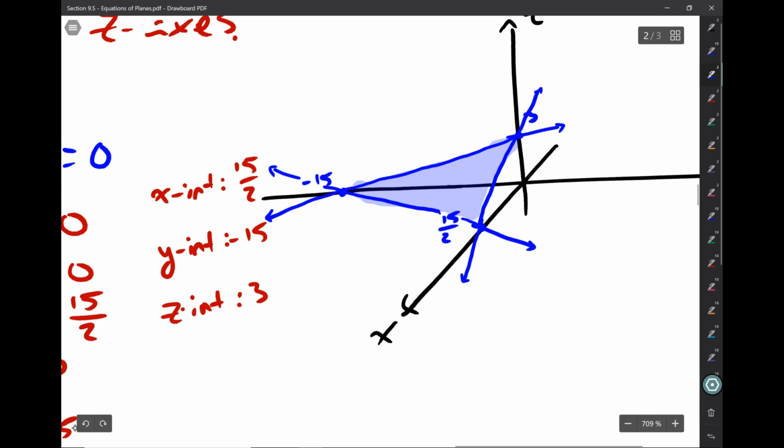These don't just stop here, but this is what our plane would look like. In this particular octant, it looks like this triangle, but these line segments say these do extend beyond. If you would like, you can even shade a little bit around it. But here's a representation of our plane.